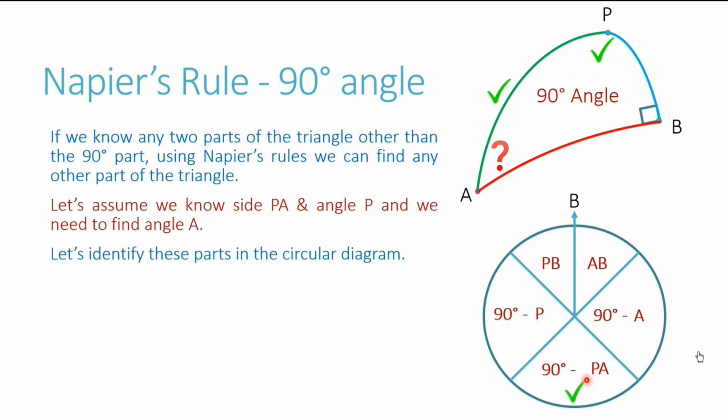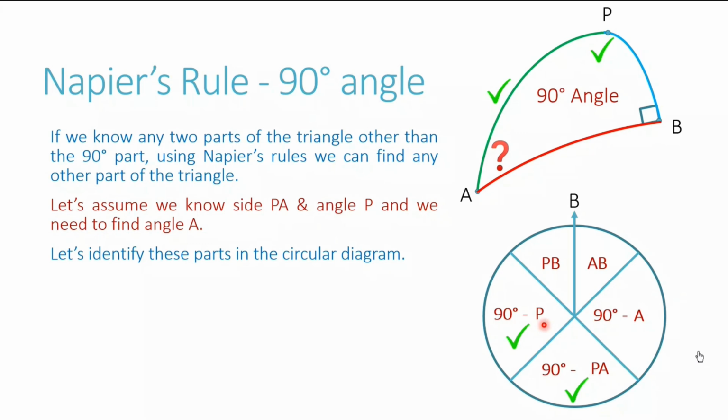So let's put a tick mark here indicating that this sector of the cartwheel is known to us. The second part which is known to us is angle P, and in the cartwheel angle P is in this particular segment. So this segment of the cartwheel is also known to us. So let's put a tick mark here also. You see the two parts which are known to us identified by tick marks in the cartwheel.